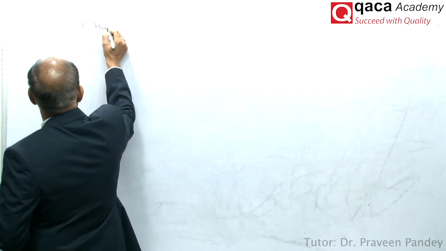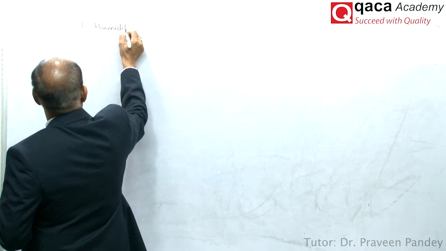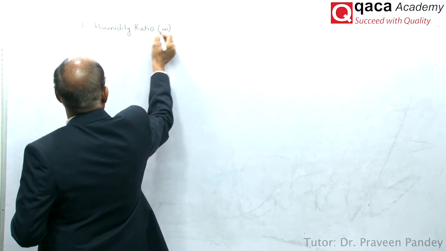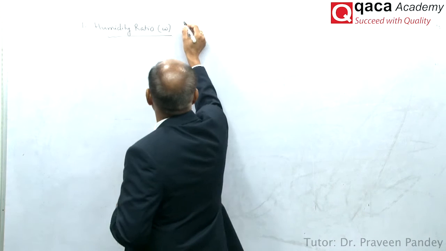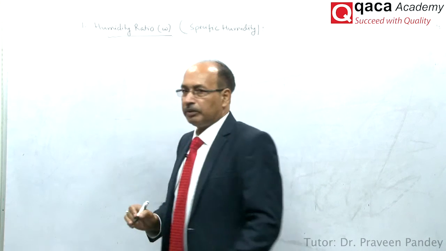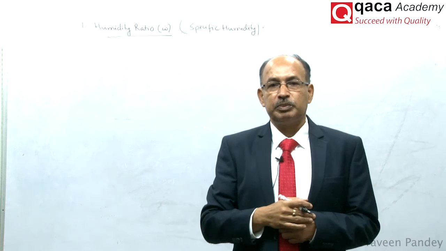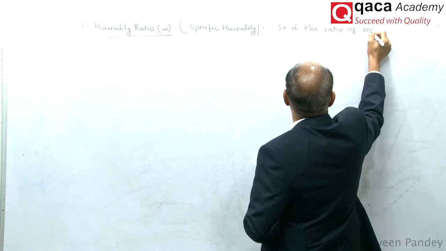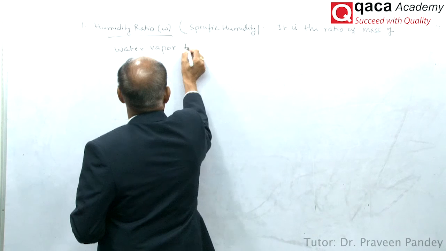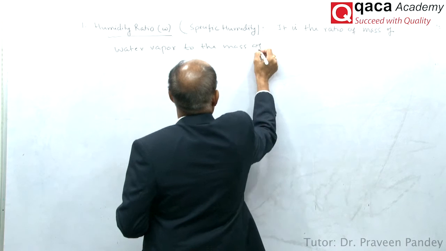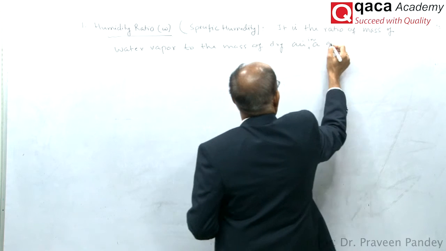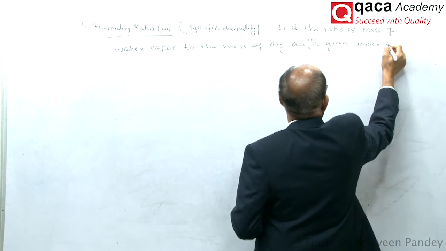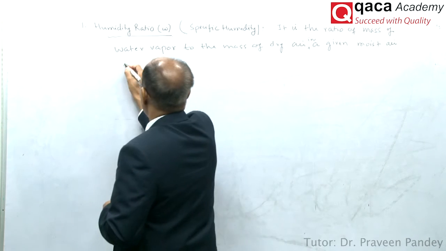So, the first is humidity ratio, which is denoted by omega. This is also known as specific humidity, and the definition of humidity ratio or specific humidity is, it is the ratio of mass of water vapor to the mass of dry air in a given moist air sample.